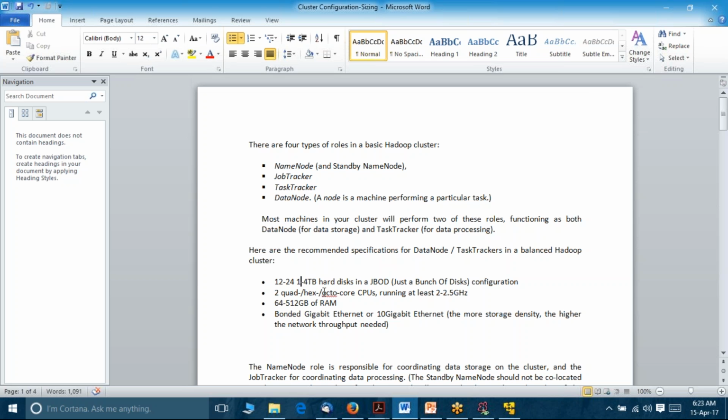2 quad, hex, or octa-core CPUs running at least 2 to 2.5 gigahertz. 64 to 512 GB of RAM. Make sure, friends, 64 to 512 GB of RAM. Gigabit Ethernet or 10 gigabit Ethernet.